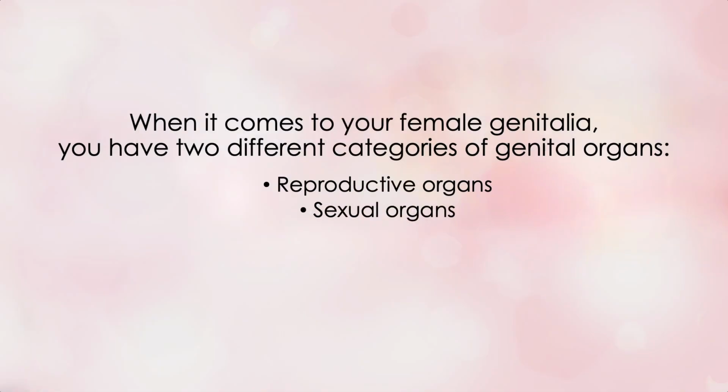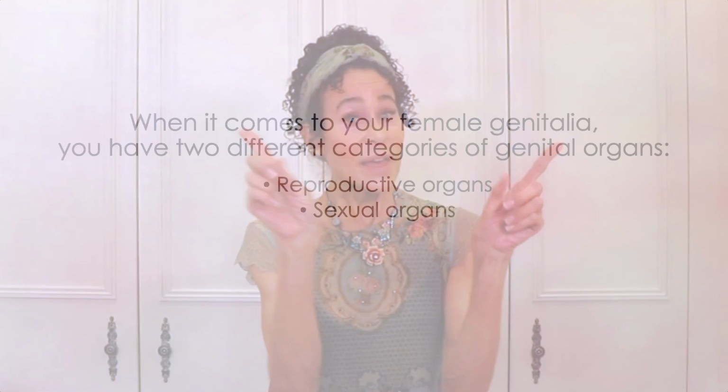But when it comes to your female genitalia, you have two different categories of genital organs, reproductive organs and sexual organs, and they are not one and the same. And you need to know the differences. So this video will explain the differences between your reproductive organs and your sexual organs.